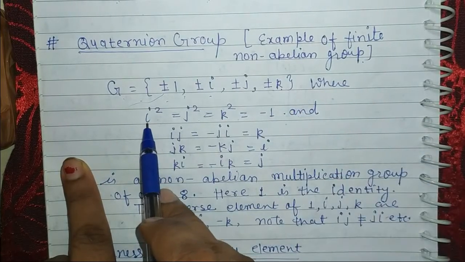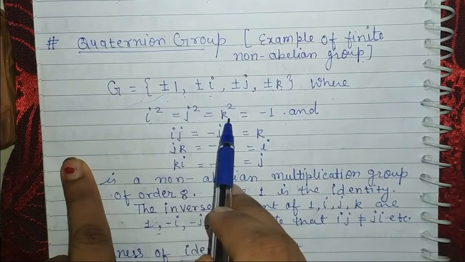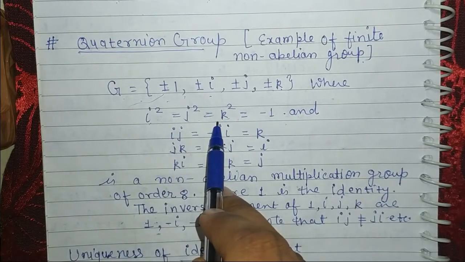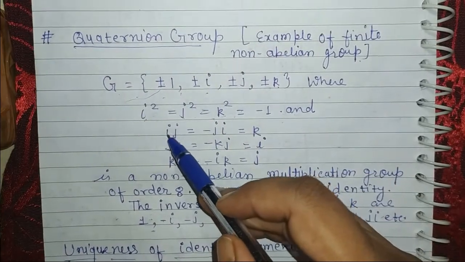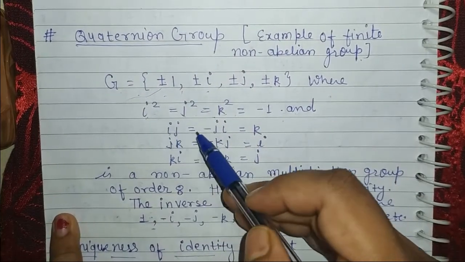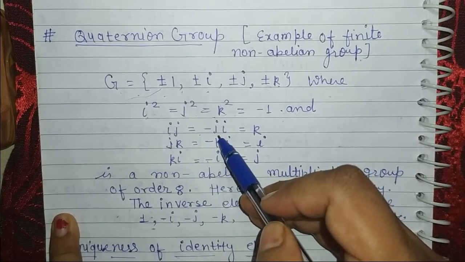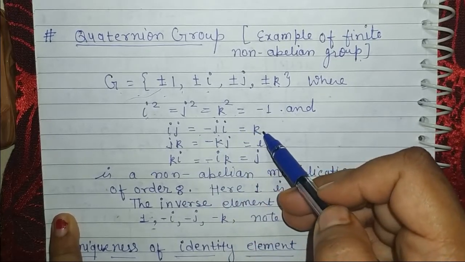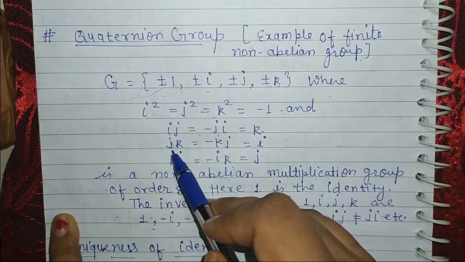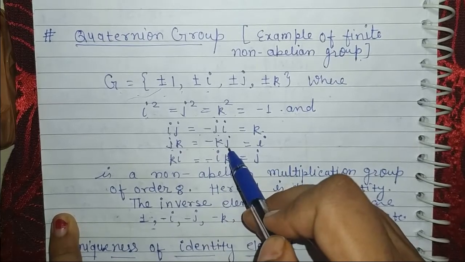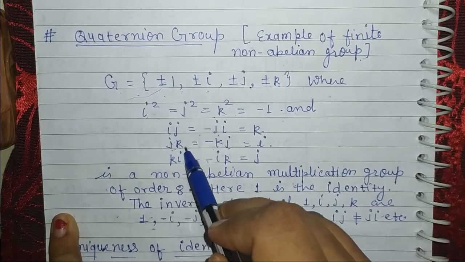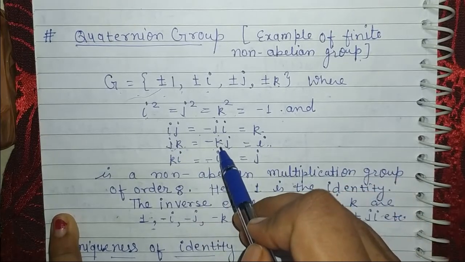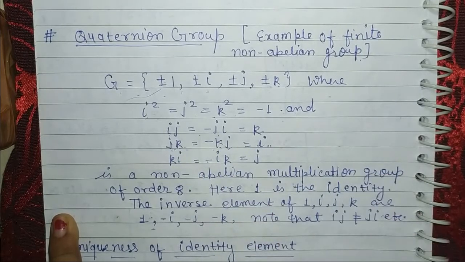It is also given that the product ij is equal to minus ji is equal to k, and jk is equal to minus kj is equal to i.